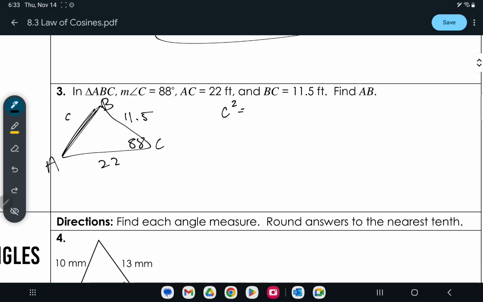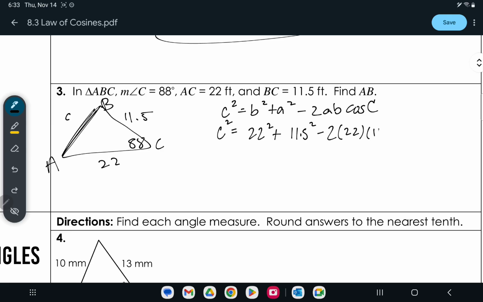So c squared equals b squared plus a squared minus 2ab cosine of C. So c squared equals 22 squared plus 11.5 squared minus 2 times 22 times 11.5 times cosine of 88.